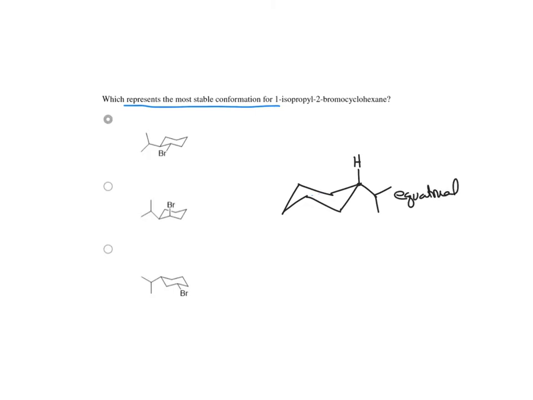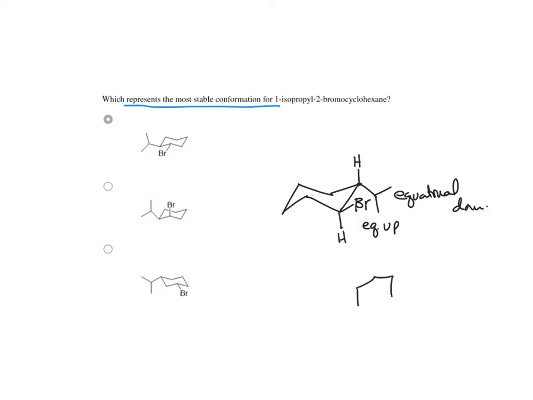If I put it somewhere else, I could do equatorial out, but I just need to make sure that's equatorial. So that's equatorial down as drawn. And then at carbon 2, we have an axial. I'm going to put a hydrogen there, and I want to put a bromine there. Okay, so this is equatorial up.